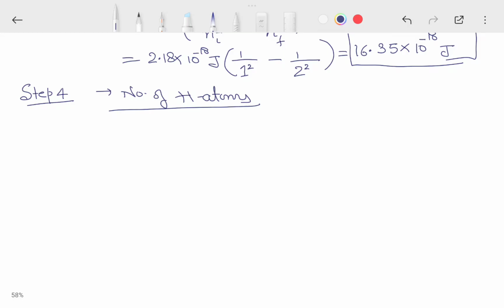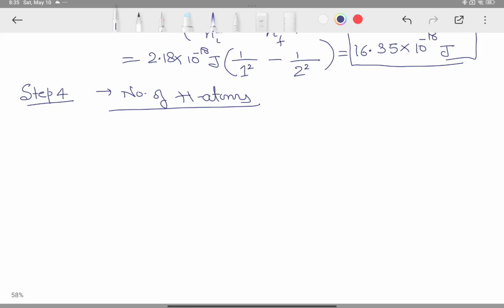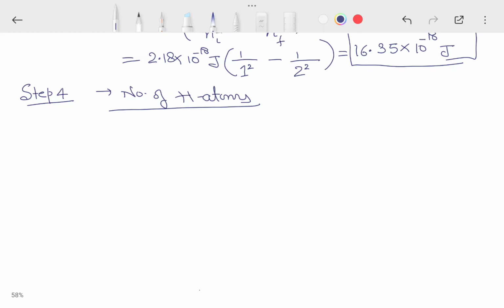We are already having number of moles of hydrogen gas, that is 0.0409, and we'll get twice the number of moles of hydrogen atoms.